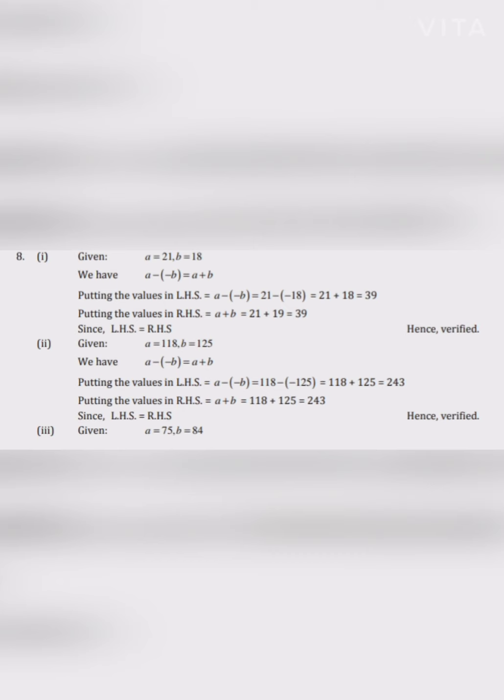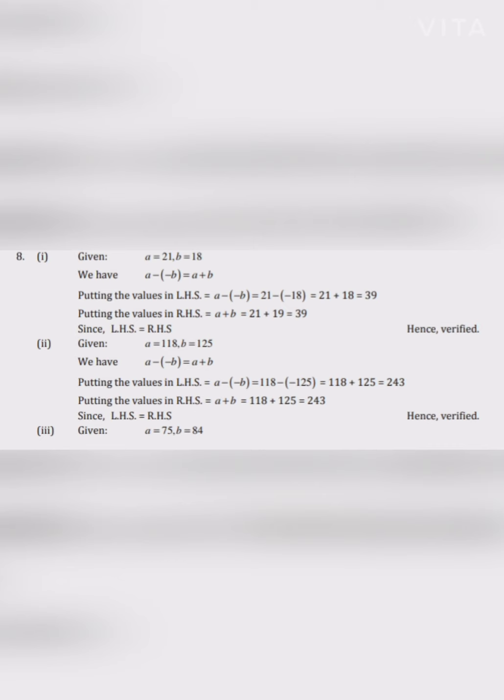Given, in the second part, a is equal to 118 and b is equal to 125. We have a minus b is equal to a plus b.